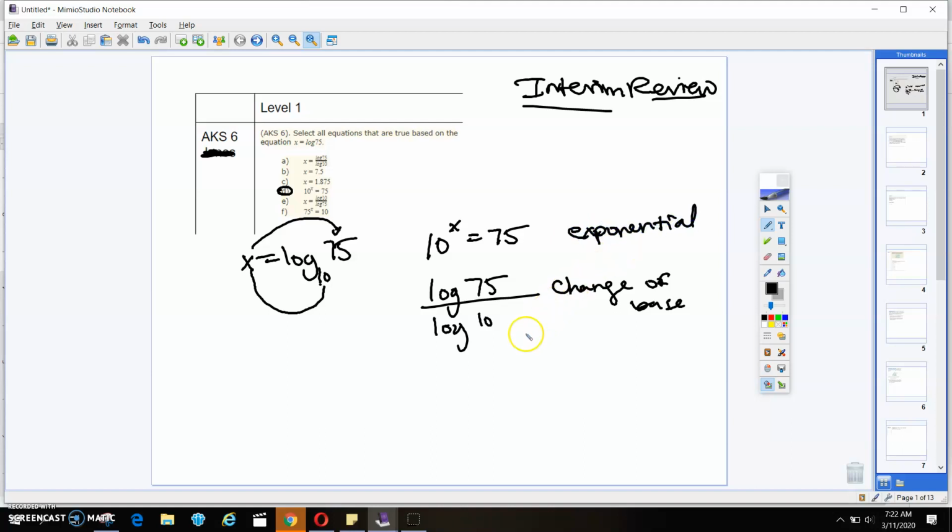Okay, if we actually put this into our calculator, we would get x equals 1.875. Okay, so this is when you evaluate it. And so my answer should be A, C, and D. Okay? Questions over that?